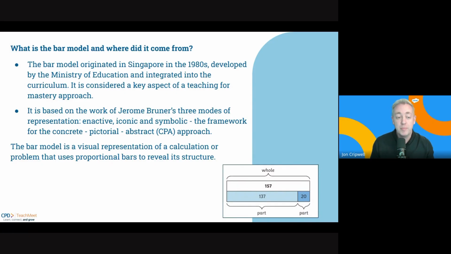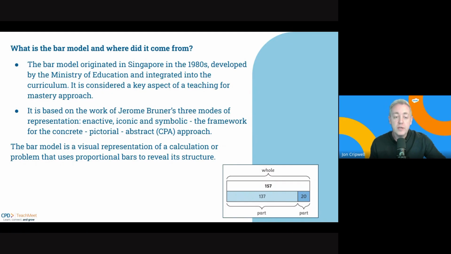And in Singapore, it is still considered a key aspect of the teaching for mastery approach. And I would say it's become fairly well integrated into many of the schemes that we use over here now in England, but not necessarily always effectively, which is one of the things that we're going to talk about this afternoon.